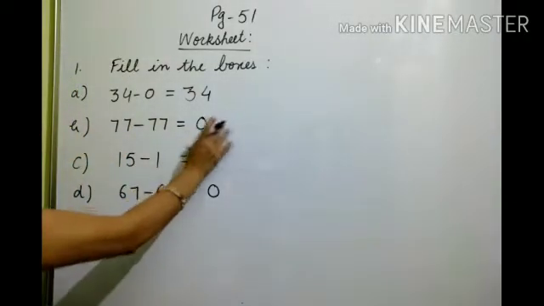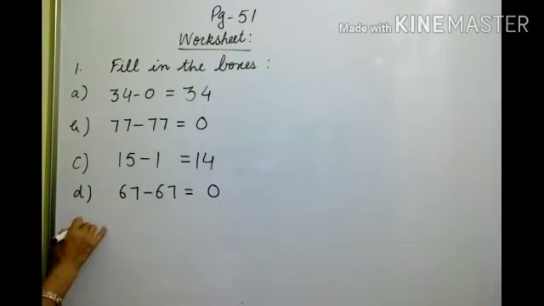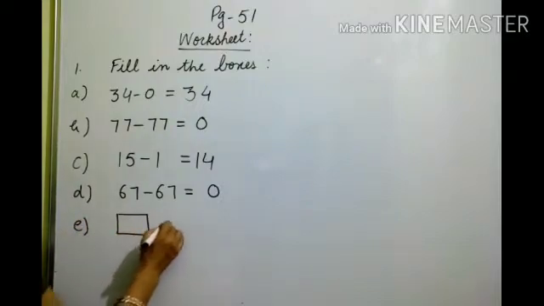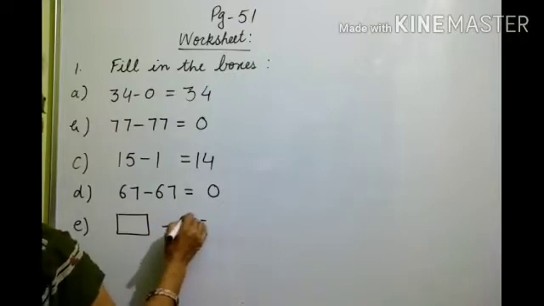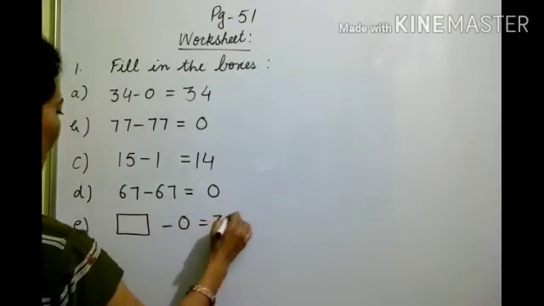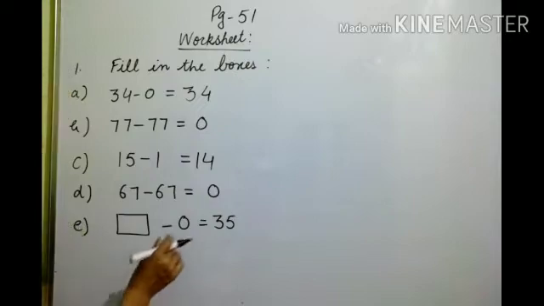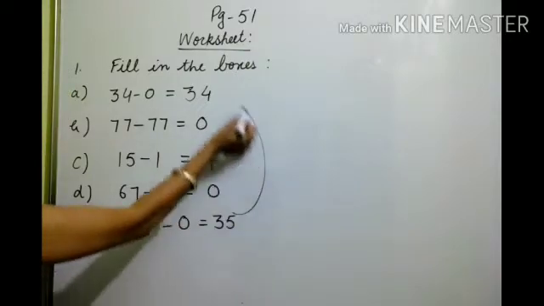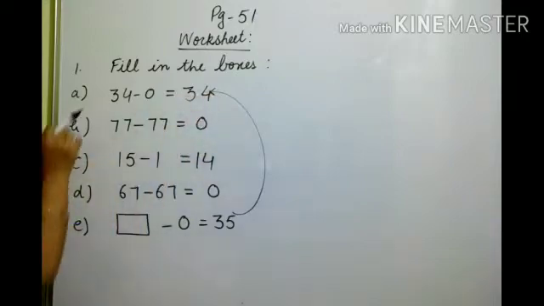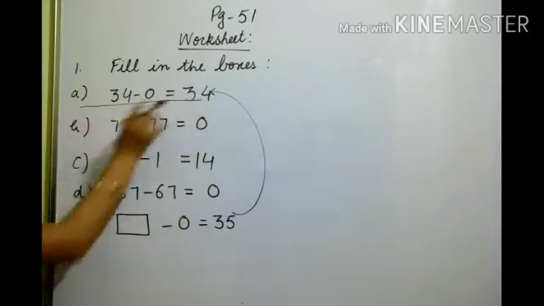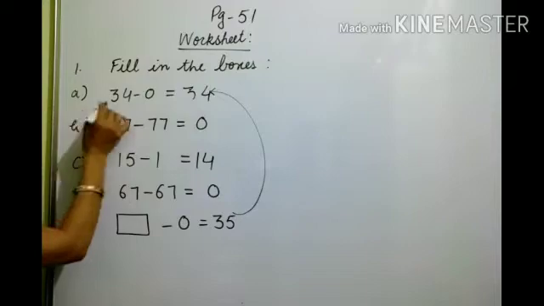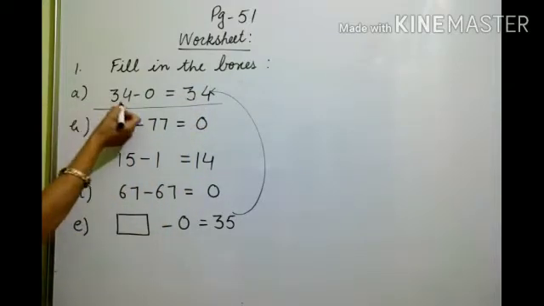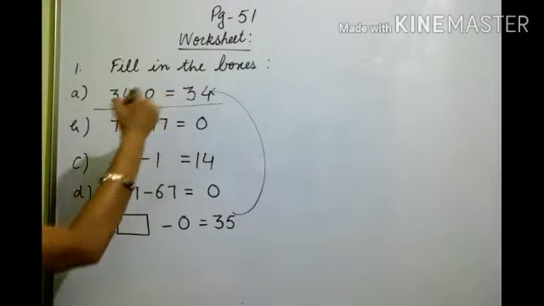Now let's take E part. A blank box is given, minus 0, and the answer is given, 35. Now we see question number 1, A part. In this part, 34 minus 0 will come 34.